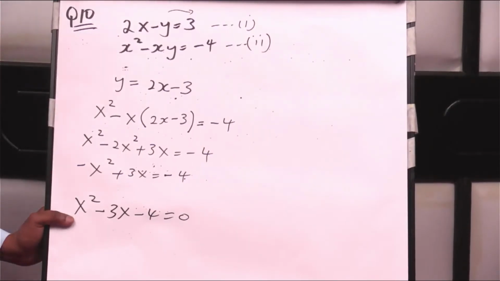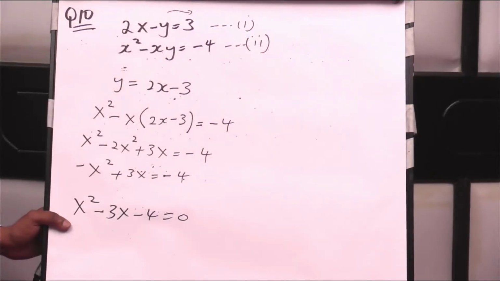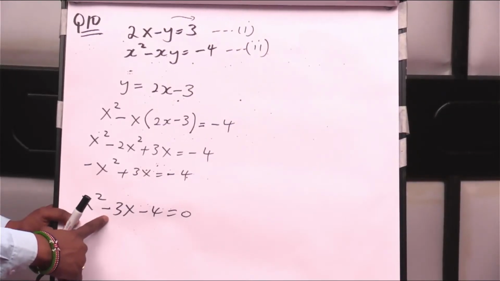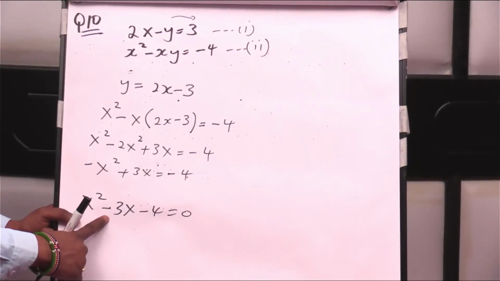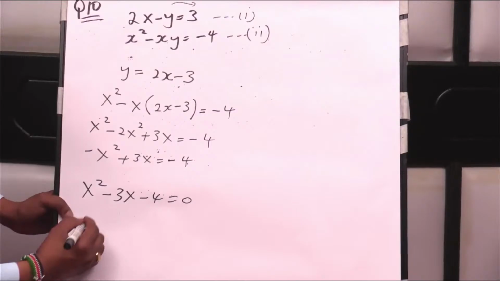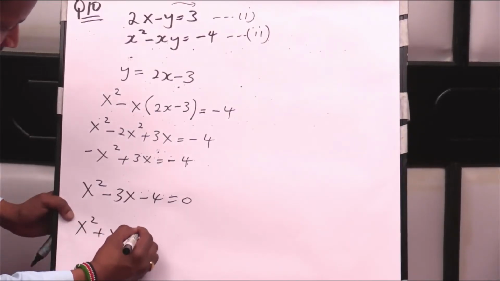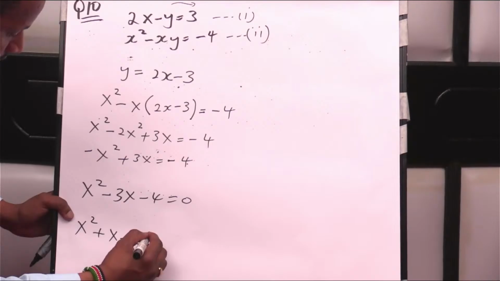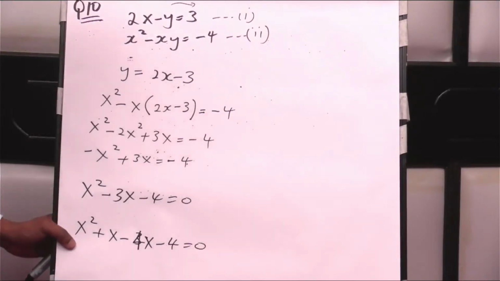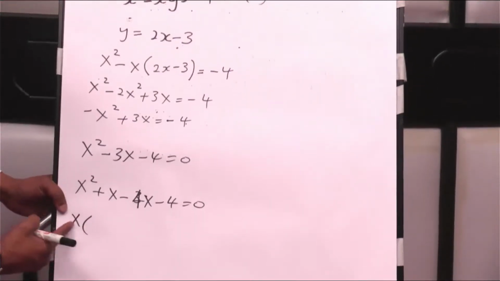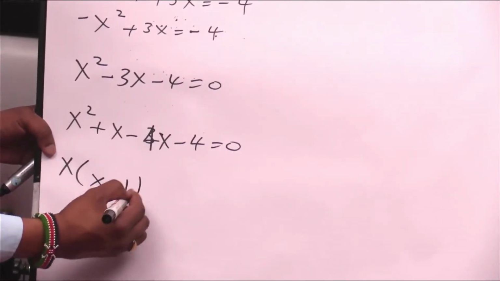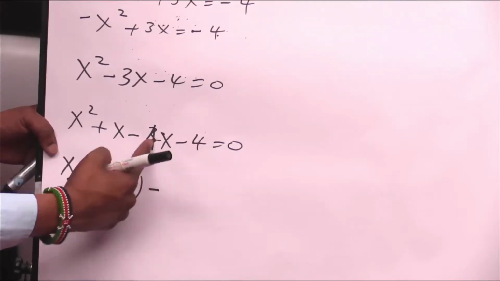Then this is a quadratic equation. Find two numbers that, if you multiply them, give you negative 4, and if you add them, give you minus 3. The factors of 4 are 4 and 1. Therefore, you say x squared plus x minus 4x minus 4 equals 0. Solve this by factorization. Factor x out: x into x squared, x into 1, minus, what is the common factor between 4x and 4?